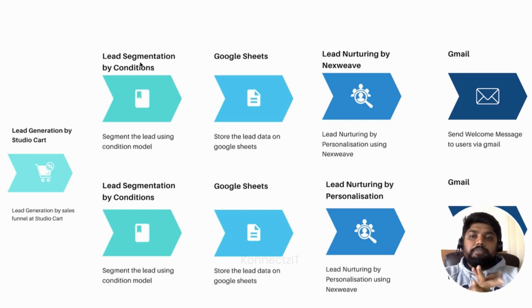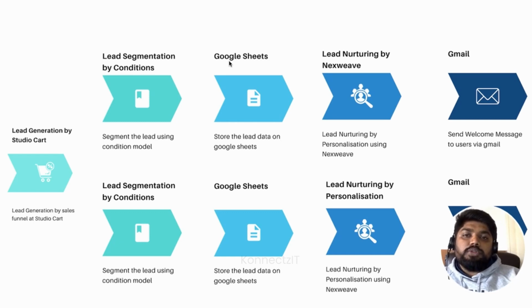That is an inbuilt app inside Connexit, where you can segment based on conditions. So you can route to different entities. Basically you can divide or compare all this using the conditions app, which is an inbuilt app inside Connexit.